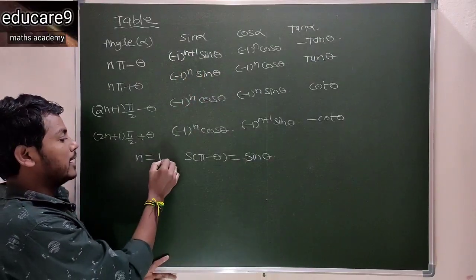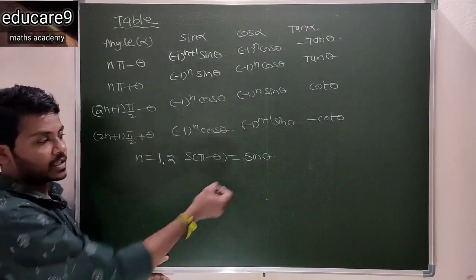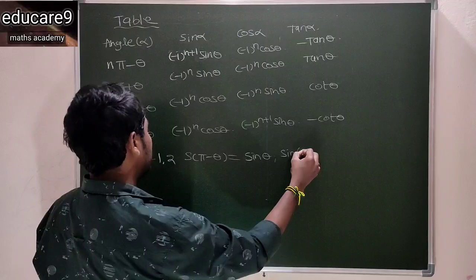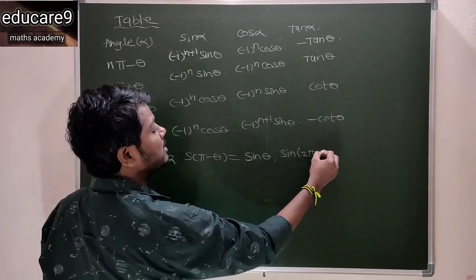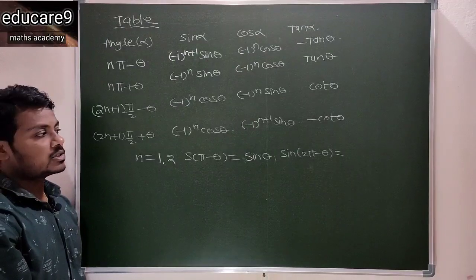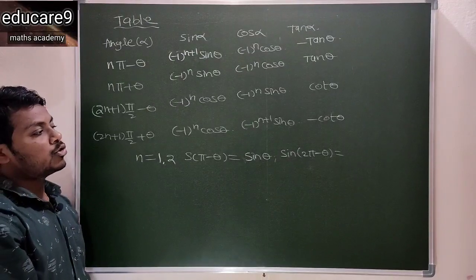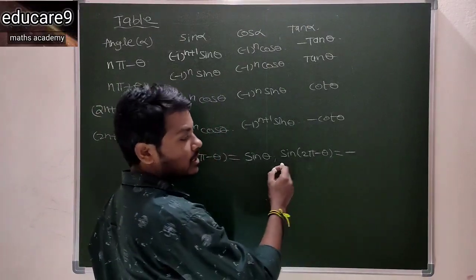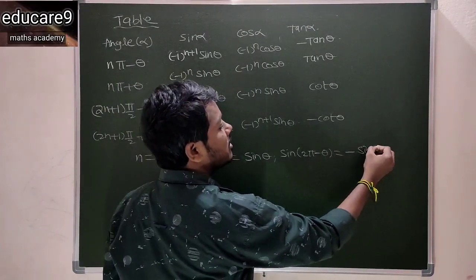Now for n is equal to 2, substitute here, what do you get? Sine of (2 pi minus theta), sine of (360 minus theta). So it lies in the fourth quadrant. In the fourth quadrant, sine gets a negative sign, minus sine theta.